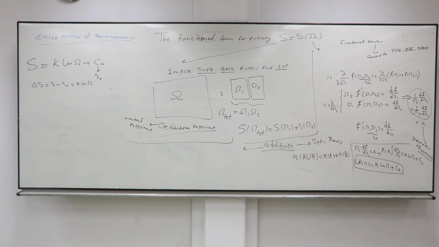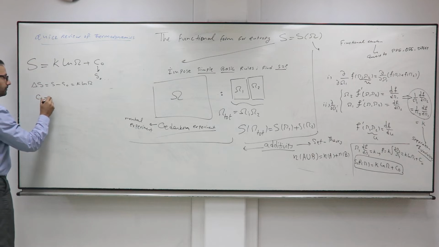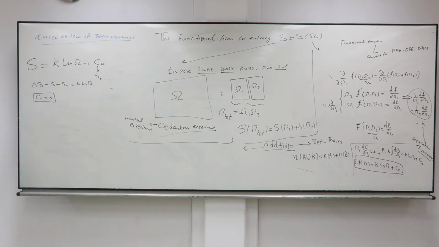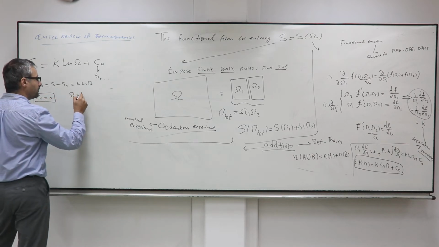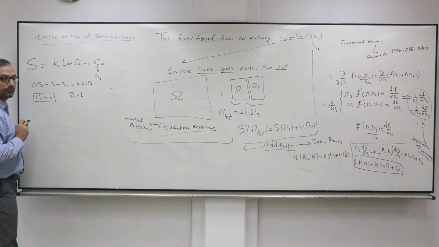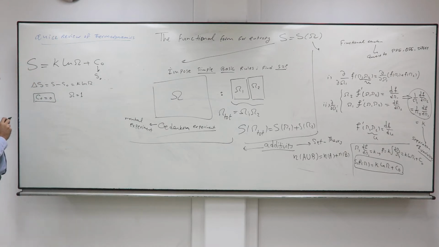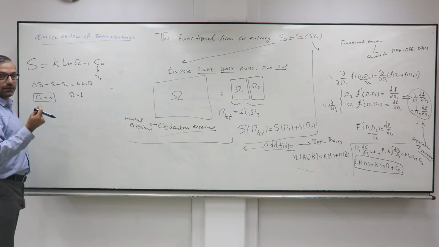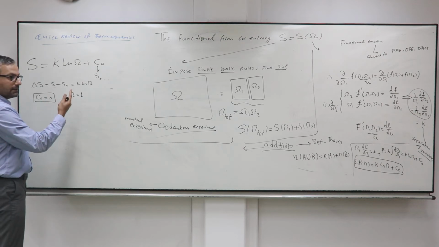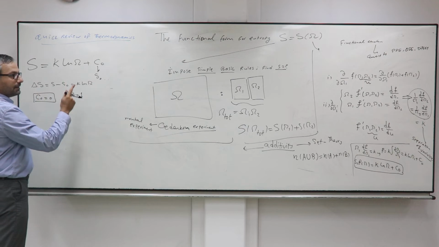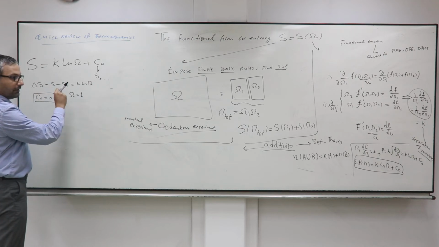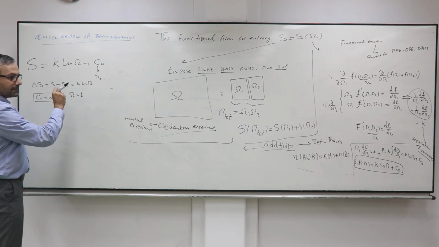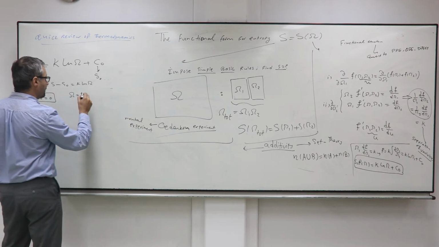But it's very easy to show that C0 is 0, basically. If you have just one state, there is no change of the entropy. You cannot make change to your system. You have one state, so all possibility is given just by one option.